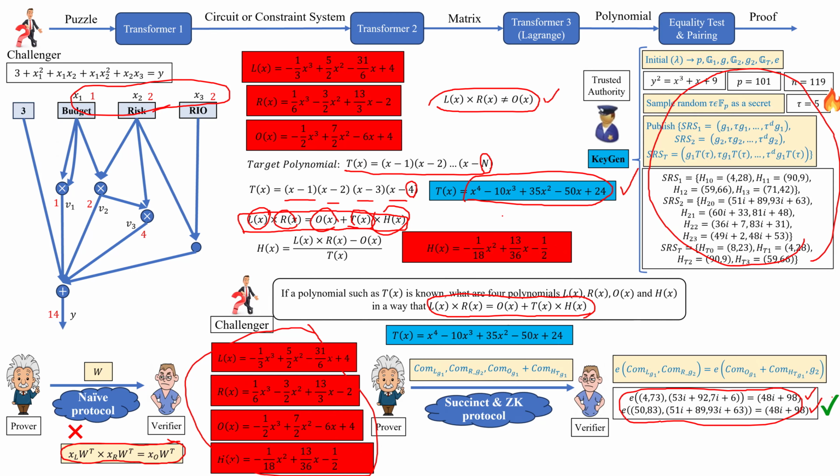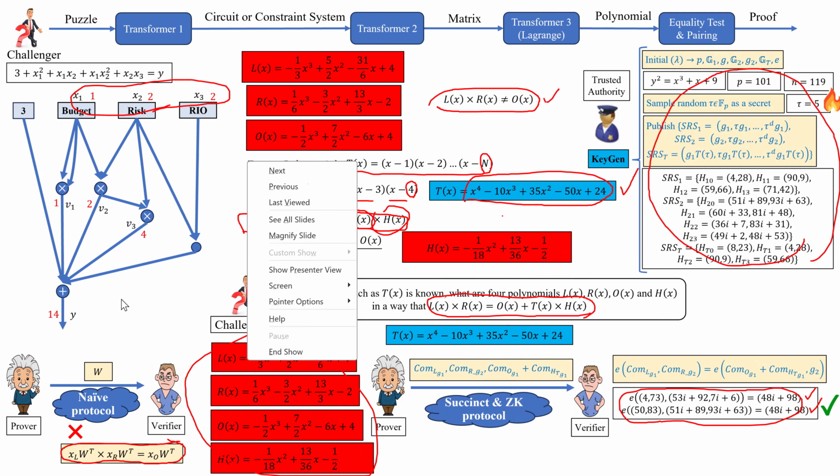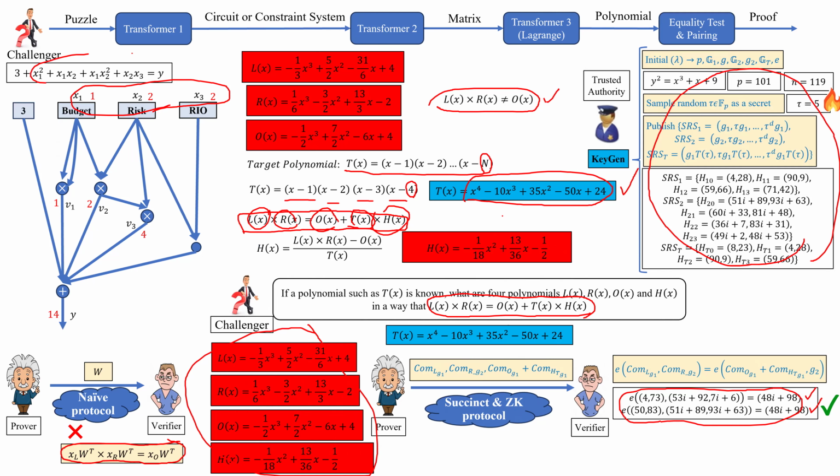Somebody who is a challenger or questioner designs a puzzle, designs a scenario. And the scenario in our example was this one. Then you need to convert the scenario into a valid circuit or a constraint system. Then you convert the circuit into a matrix. Then you convert the matrix into a polynomial.